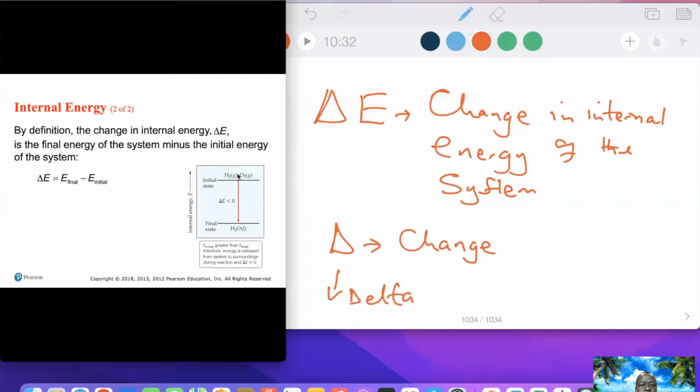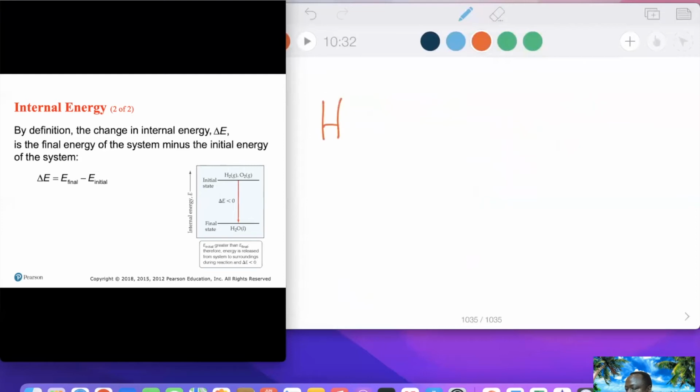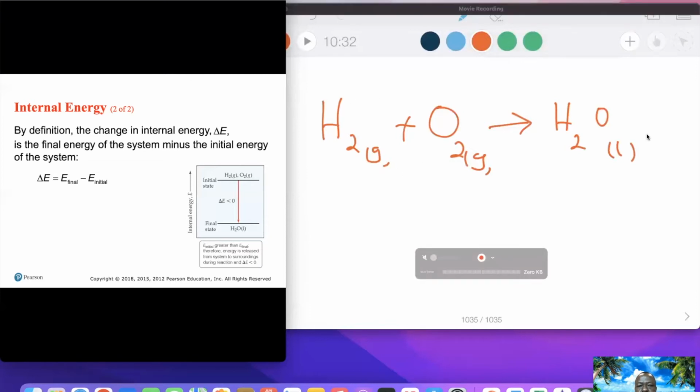Let's see, in the formation of H2O, when hydrogen gas reacts with oxygen gas to form water molecules in liquid state, all right? In liquid state, if you look at where we are starting, this is the final.